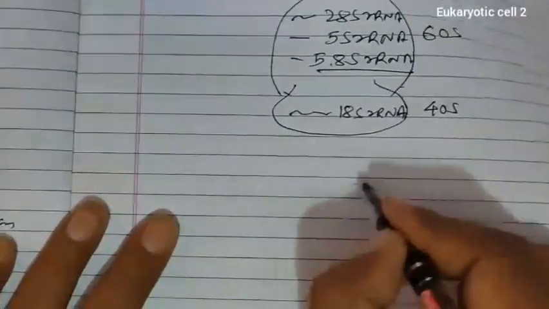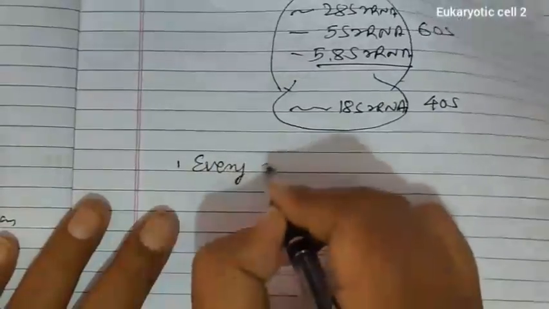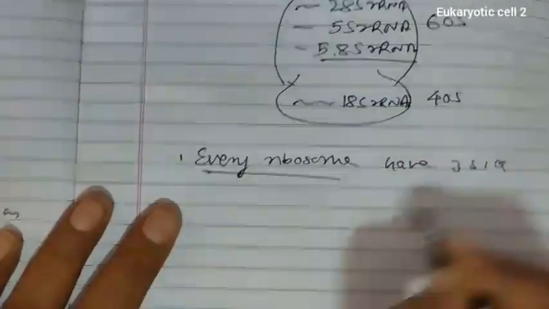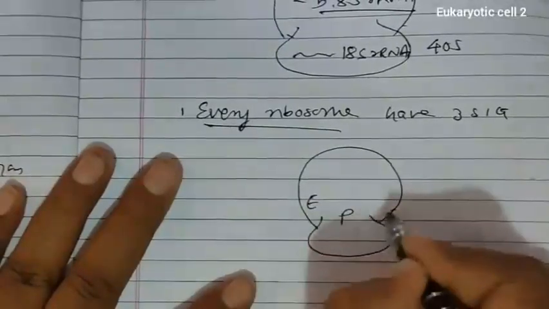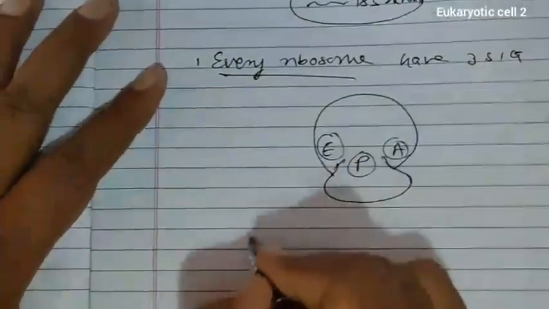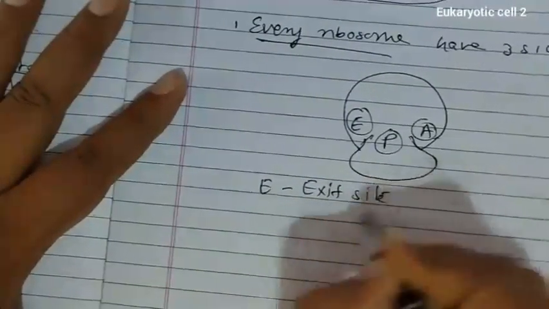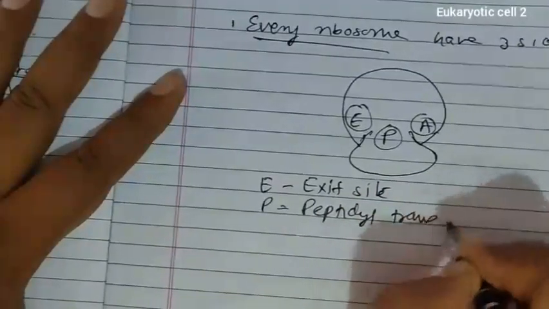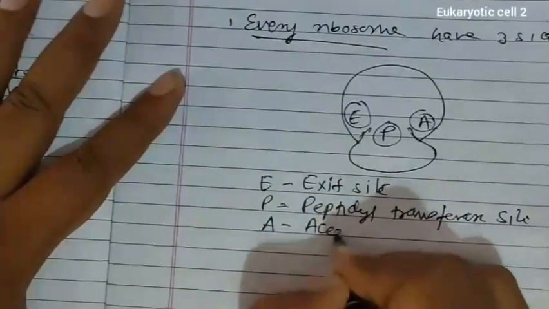Now every ribosome has three sites, E, P and A. E stands for exit site, P stands for peptidyl transferase site, and A stands for acceptor site.